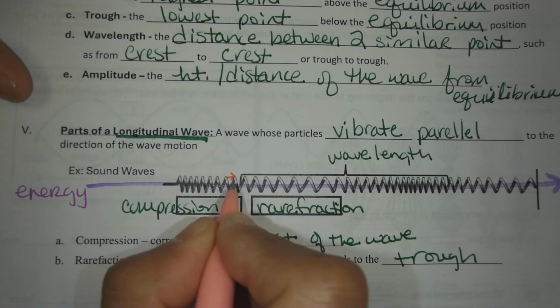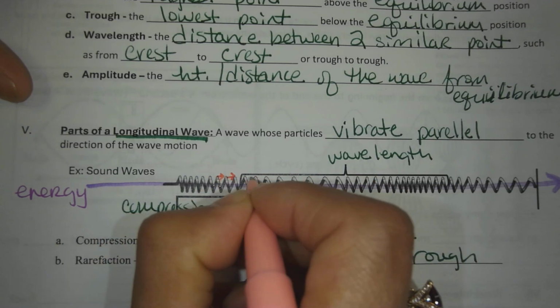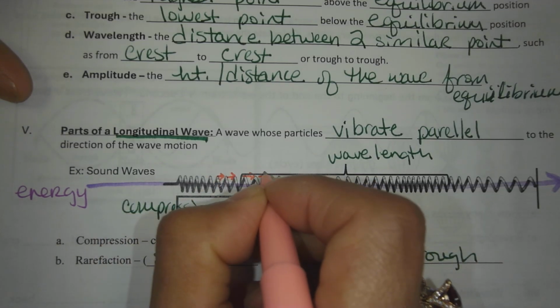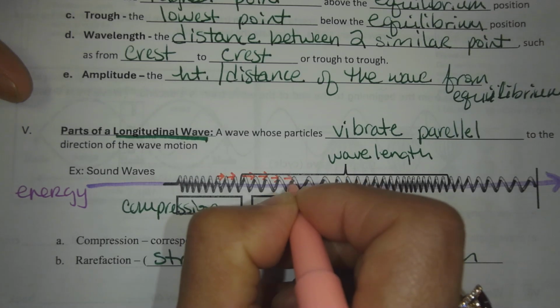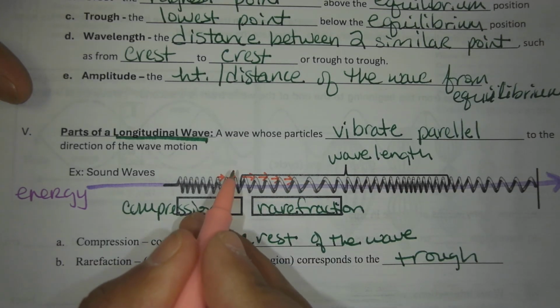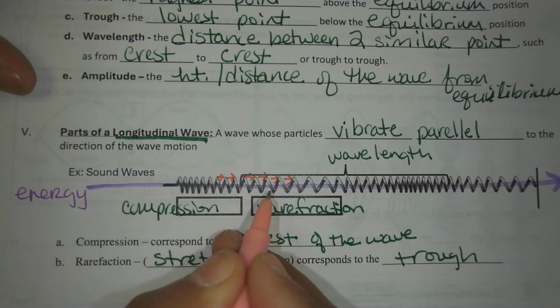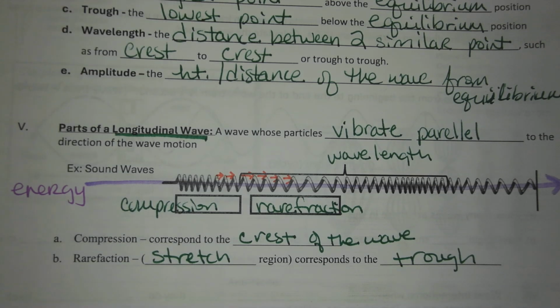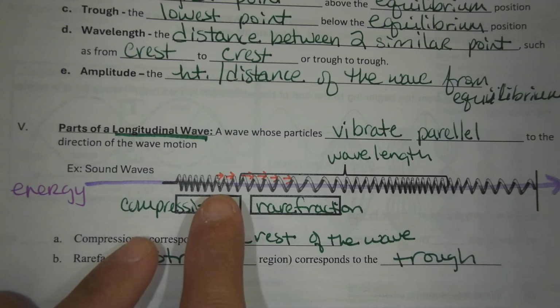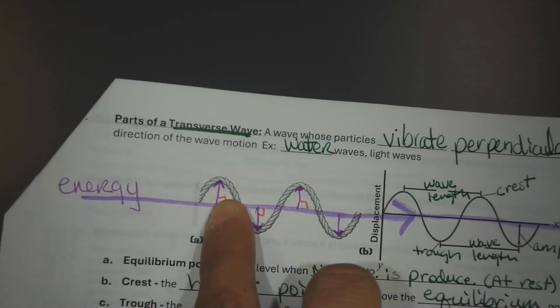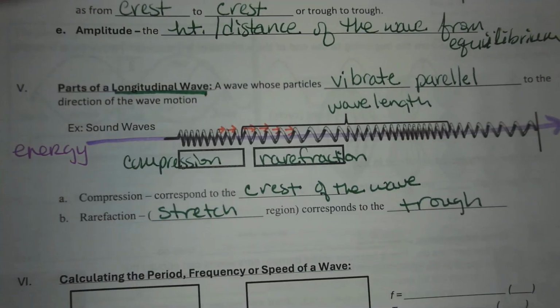This one's going to hit that one in front, and it's going to hit that one in front, and that one in front. And you can see, in comparison to the energy, that vibration is parallel to the direction of that energy. So that's where we get perpendicular and parallel from. Okay, hopefully you can visually see that. All right, those are parallel, those are perpendicular.